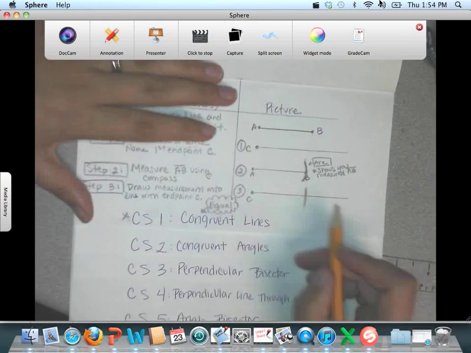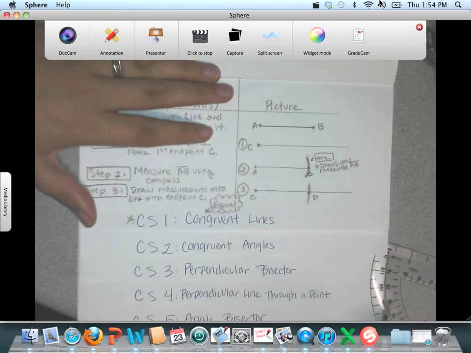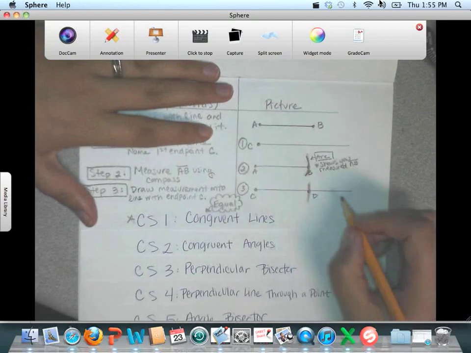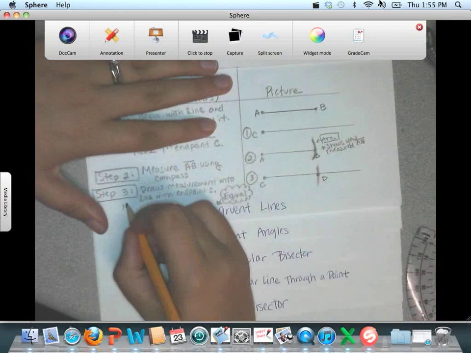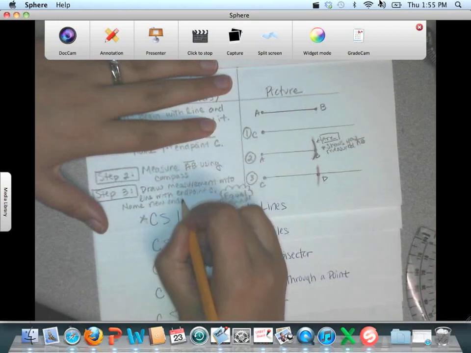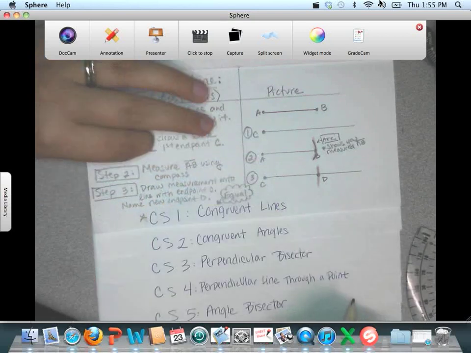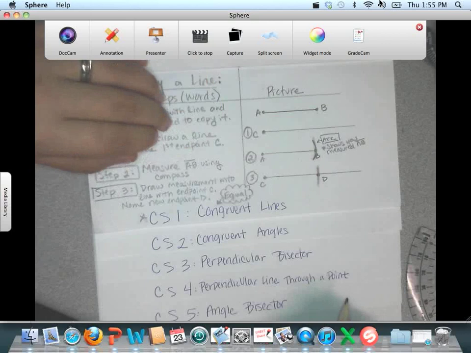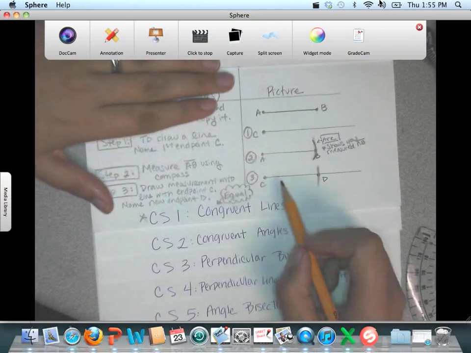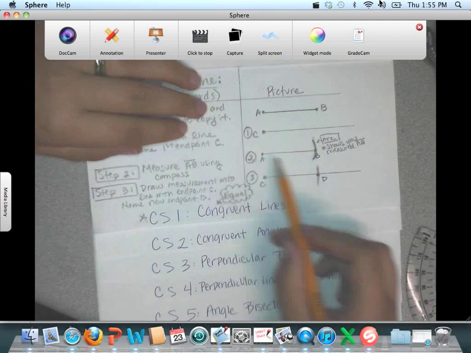Now where this arc hits the line, we're going to call D. Name the new endpoint D. So now you can see we have two segments that are named AB and CD.